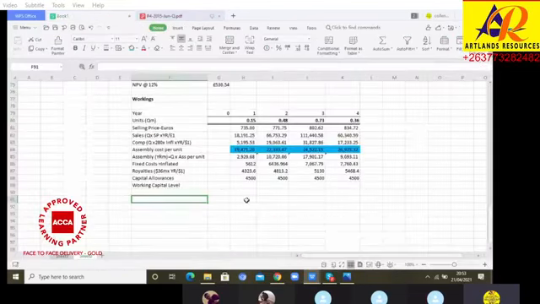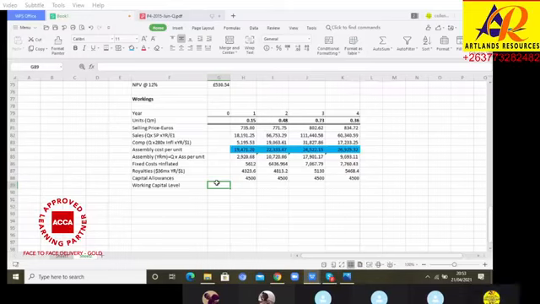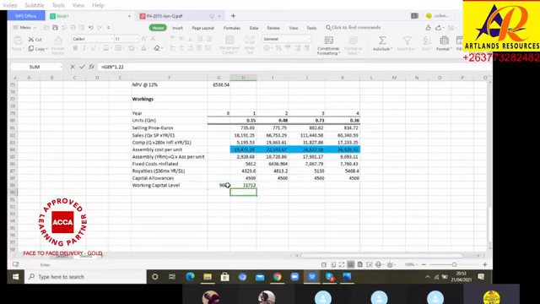So it's 9,600. Working capital starts in year 0. So you say 9,600, and it is going to increase with the local inflation rate. So it equals this times 1.222, because the local inflation rate is given in the first part of the question. It is 22% in year 1. In year 2, it's 1.147.